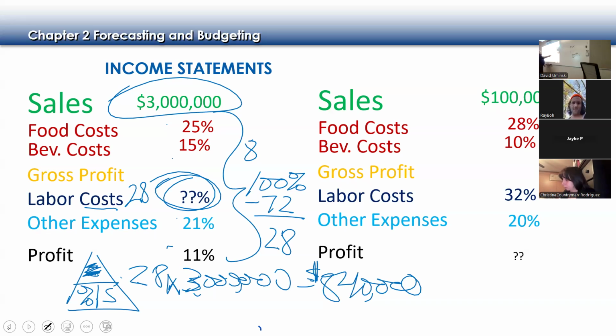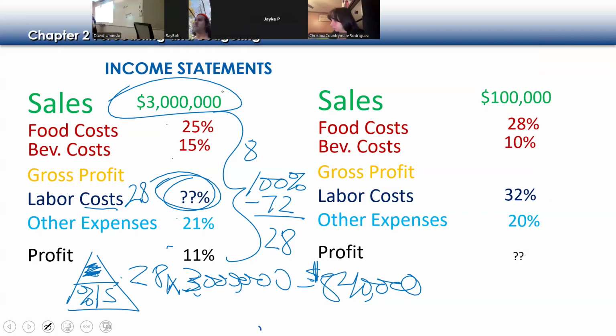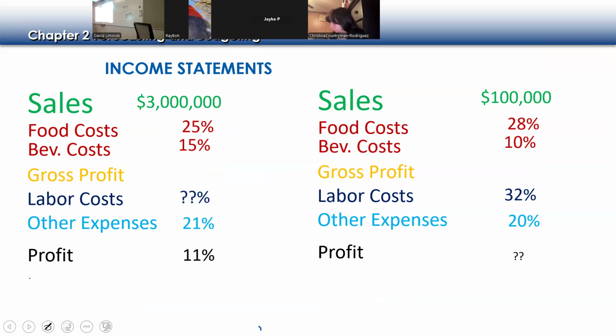So last one, let's do this one right over here. We'll do it as a group. What is my profit percentage? 10%, right? 28 plus 10 is 38, plus 32, 70, 90, 10%.